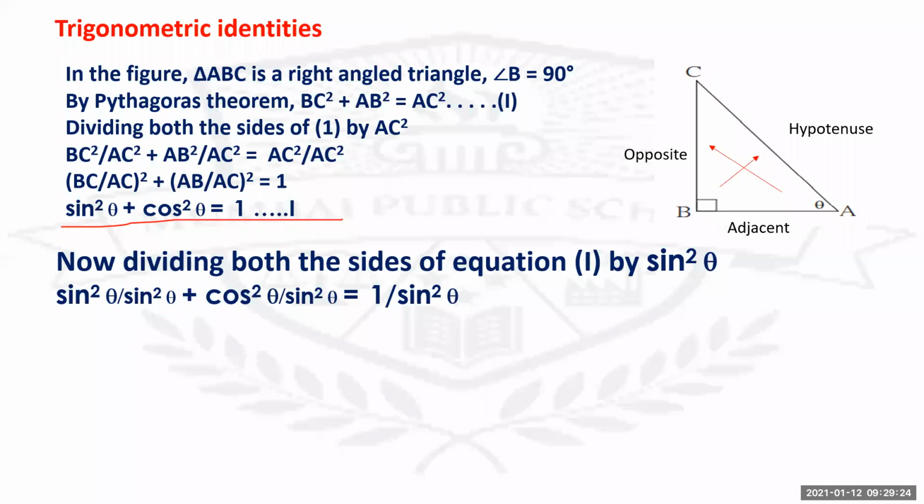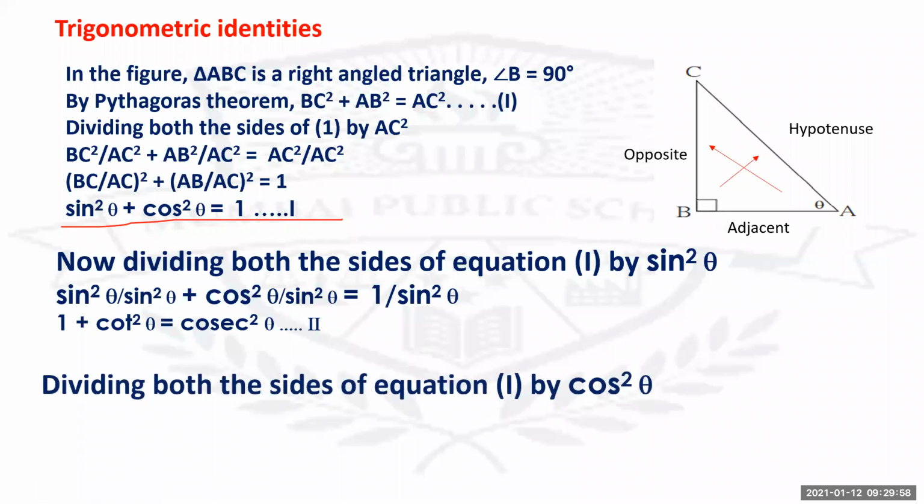Sine square theta upon sine square theta gets cancelled, that is 1. Now cos theta upon sine theta is cot theta, so cos square theta upon sine square theta will be cot square theta. And the inverse of sine is cosec. So you get 1 plus cot square theta equals cosec square theta. This is your identity number 2.